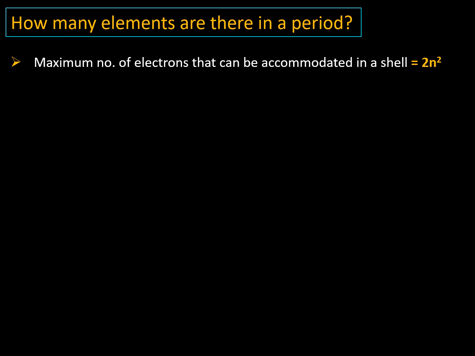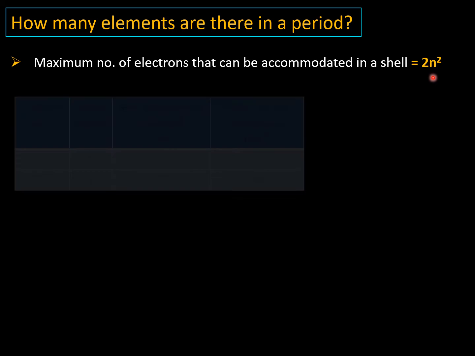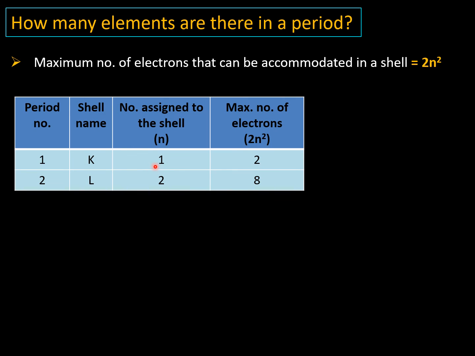We know that the maximum number of electrons that can be accommodated in a shell is 2n square. If we consider the first shell, for which n equals 1, we can accommodate 2 electrons in it. If we consider the second shell, where n equals 2, we can accommodate 8 electrons in it.